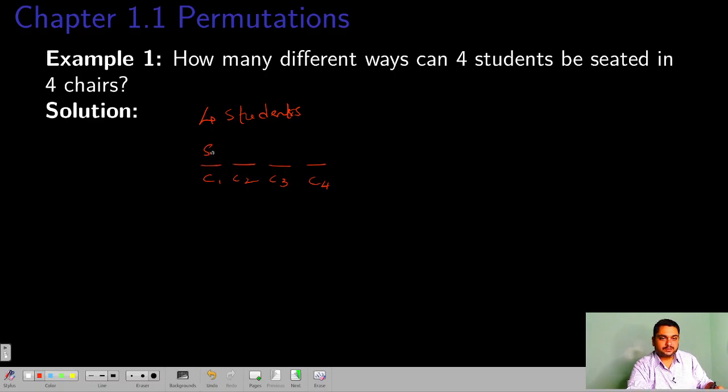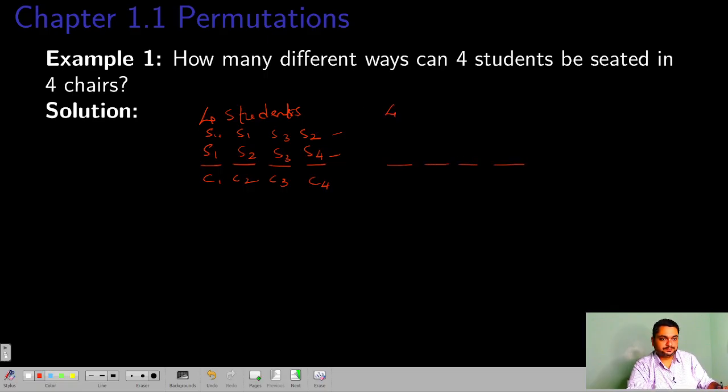Because if a student S1 sits here, S2 sits here, S3 sits here, S4 sits here, this is a different order. If S4 sits here, S1 sits here, S3 sits here, S2 sits here, this is a different order. So now you have to find out in how many different ways 4 students can be seated in 4 chairs. So very simple.